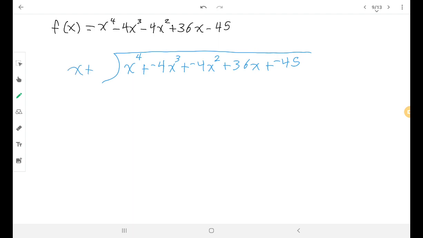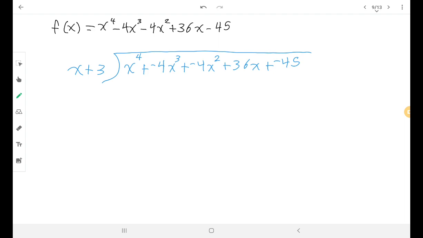And I'm going to divide all that by x plus 3. So another long division problem. Hopefully you're seeing the long division quite a bit, and hopefully you're even starting to understand the long division. Remember, if you've got questions, put them in the chat. I will definitely answer them.